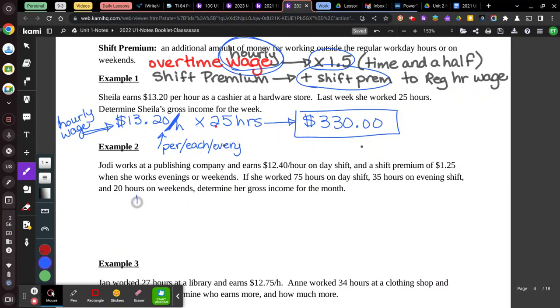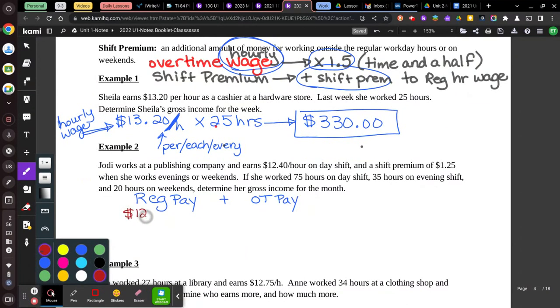So the first one we want to find is our regular pay, how much she gets paid for regular time, plus her OT. OT stands for overtime. So for her regular pay, we're going to have $12.40 an hour times, we had 75 hours, 35 on evening and 20 on weekends.